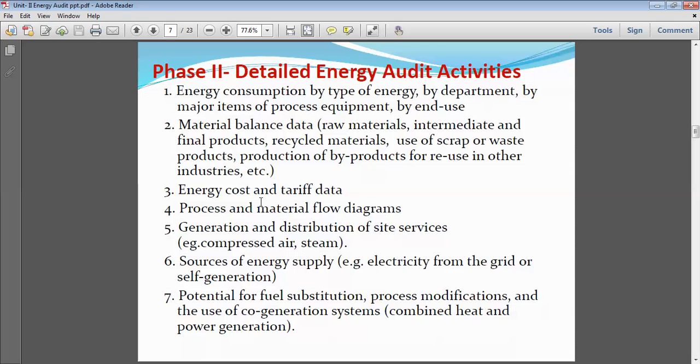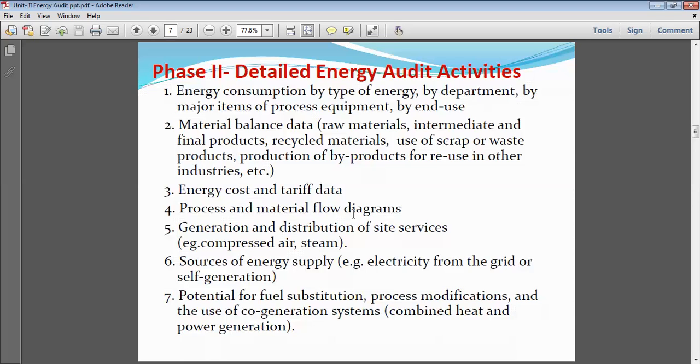So if you understand the tariff and the energy cost, then you can decide to increase or decrease the maximum demand. These parameters are identified by proper analysis of the electric bills.